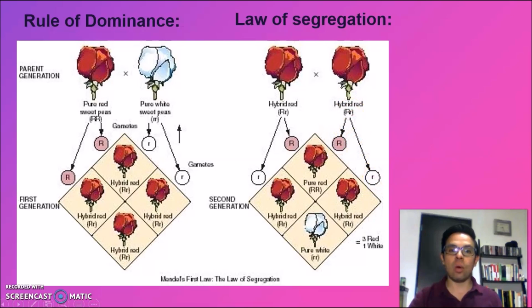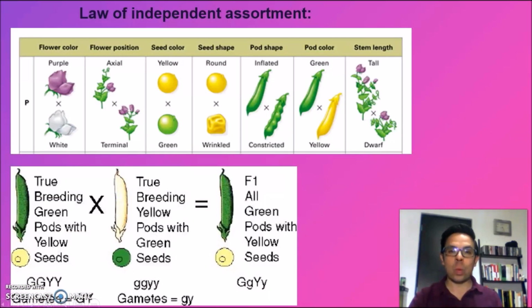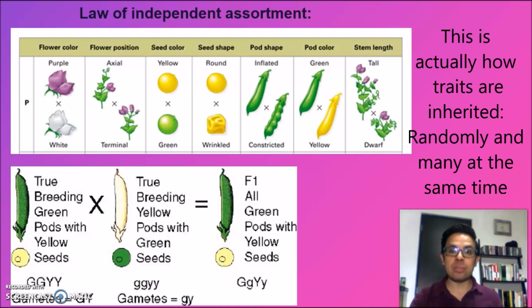The third law is the law of independent assortment, which in a summarized way can be explained as: all the traits that an organism has can be inherited independently from one another. In the case of pea plants, these 7 characteristics could be mixed up in the genotype of the offspring. In other words, we can have dominant and recessive traits mixed in the phenotype.